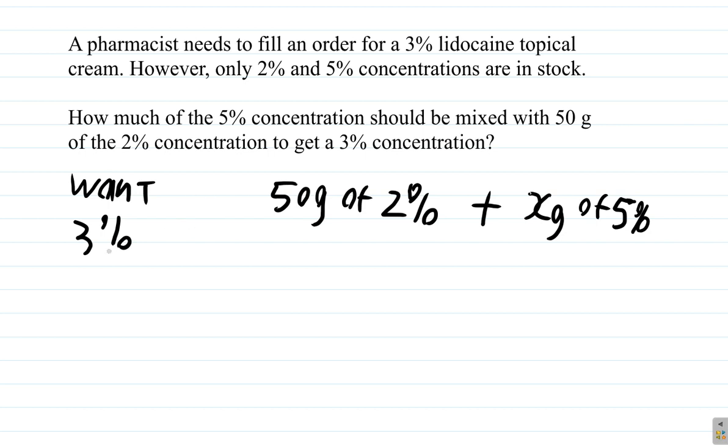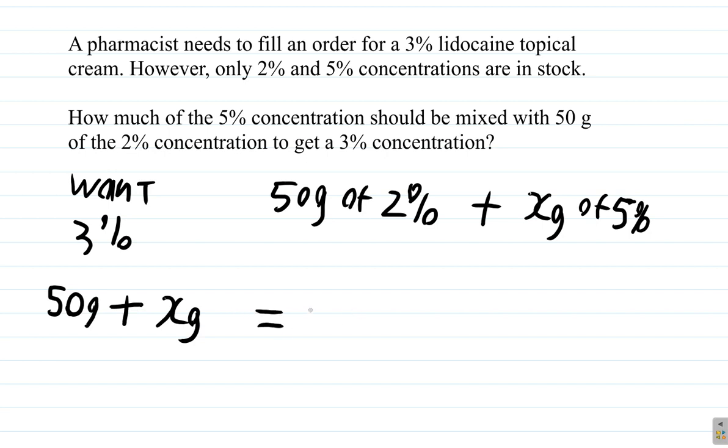Alright, so how does this go? How much amount of the 3% are you going to have in the end? It's going to be 50 grams from the 2% that you mix, plus the X grams from the 5% that you mix.